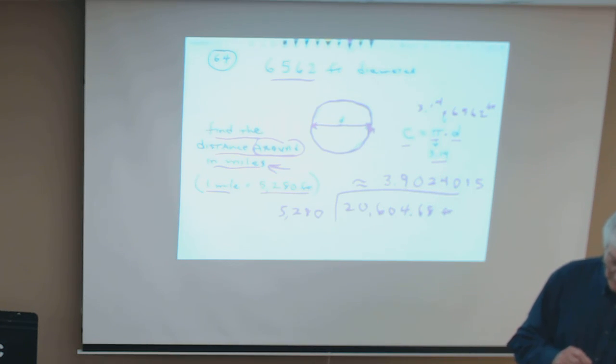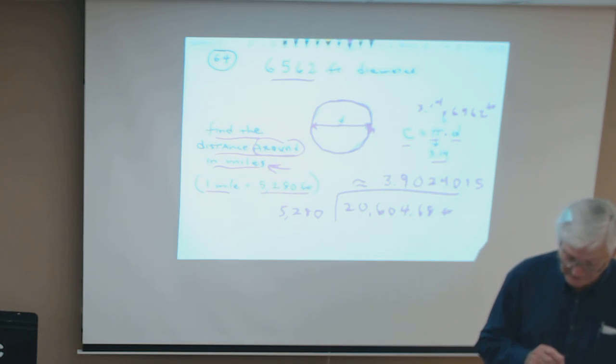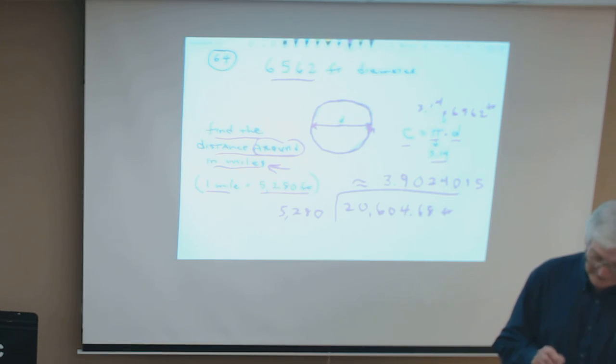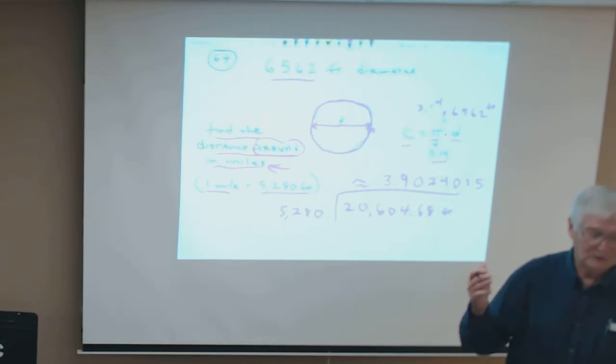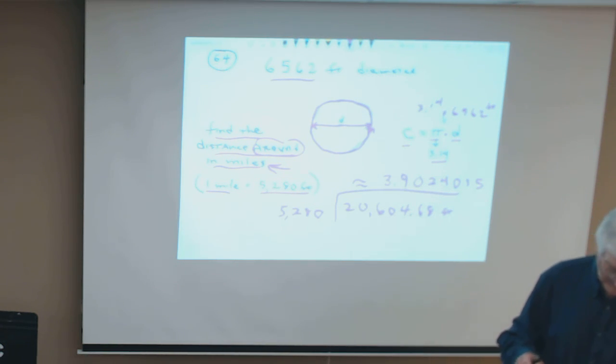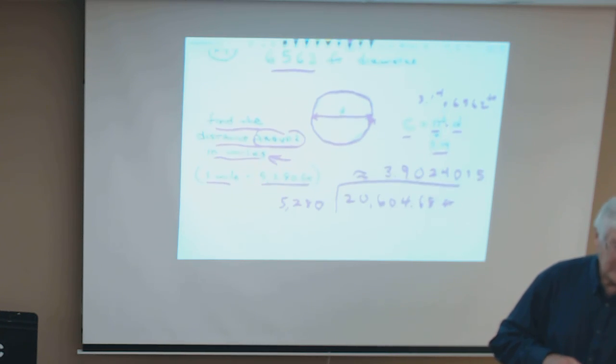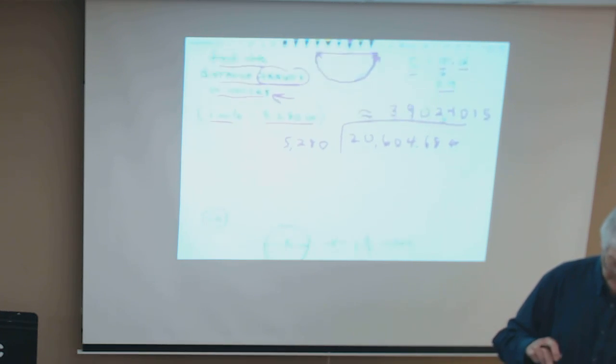So I suppose if you wanted to go to 3 decimal places, it'd be 3.90 if you were using your rules from the previous topic. Questions?